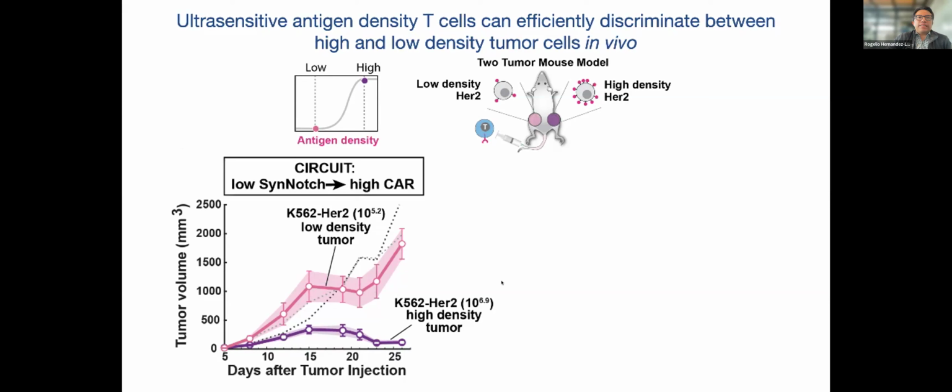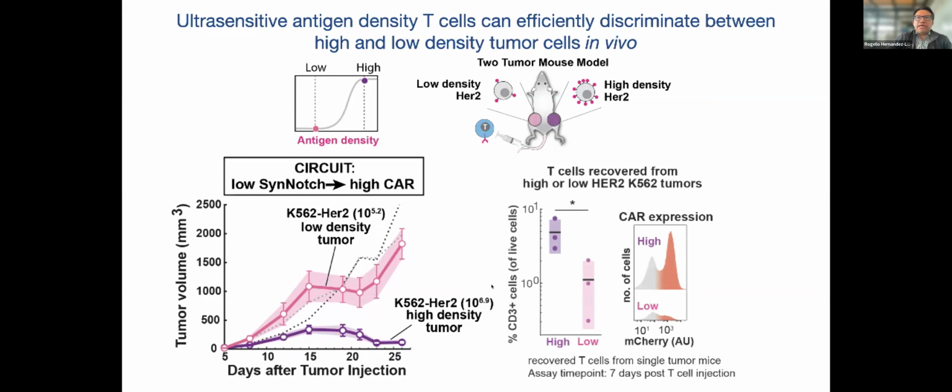And then if you repeat this experiment, around day 20 or so, you resect the tumors and look for the T cells and count how many T cells you find.